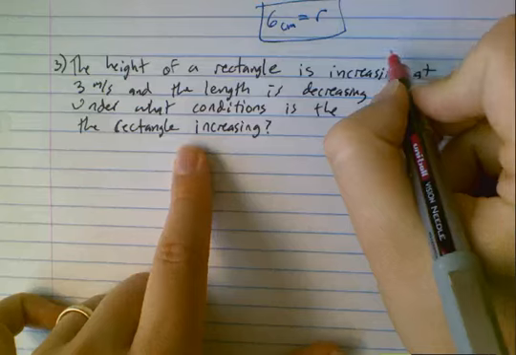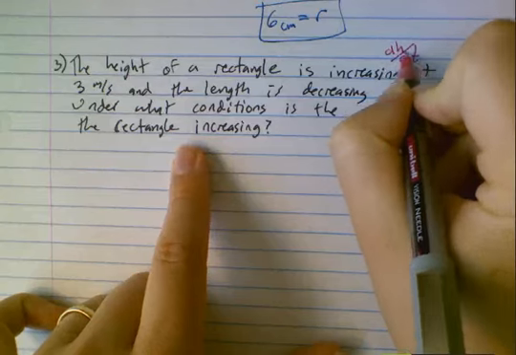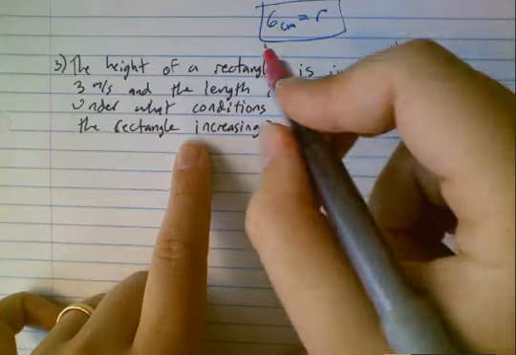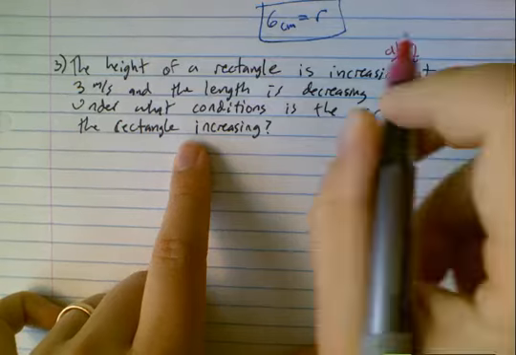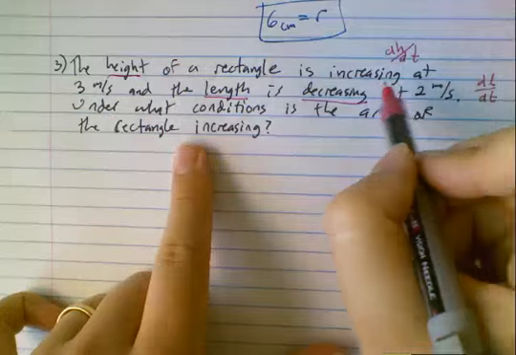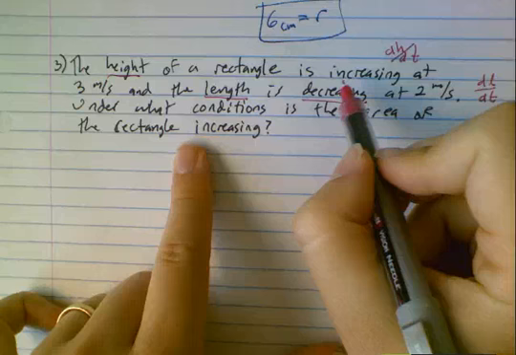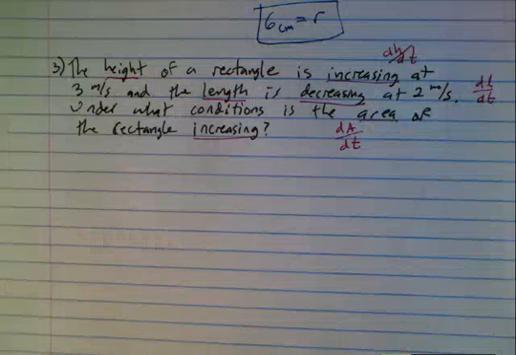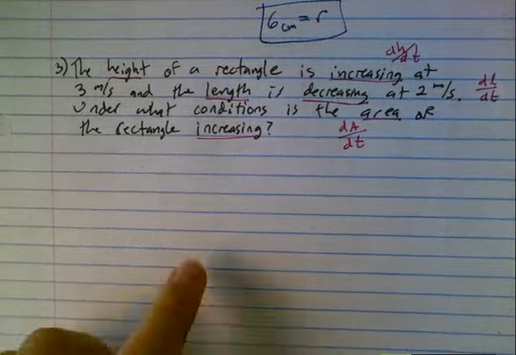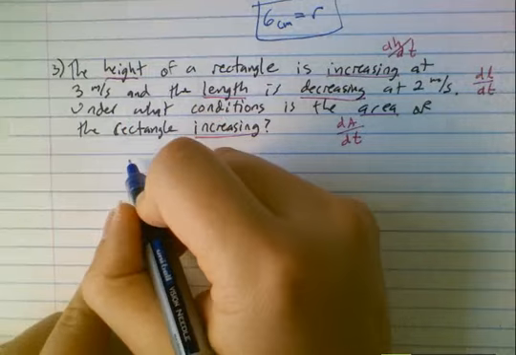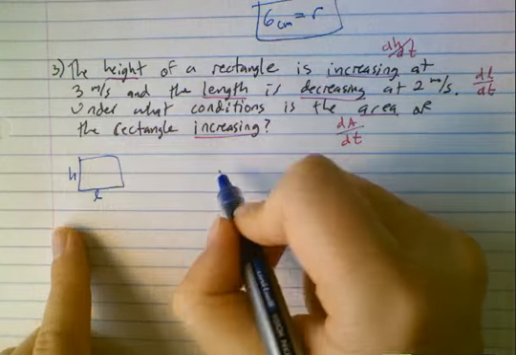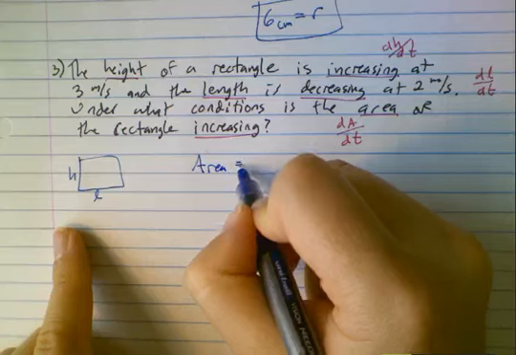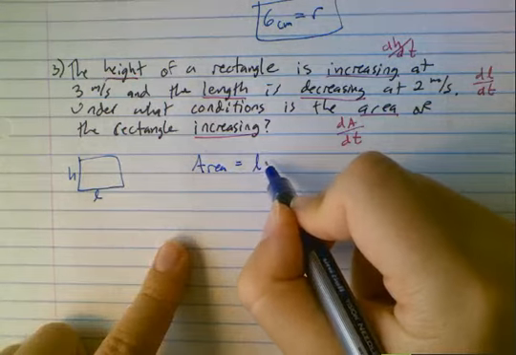Height is increasing, so we're talking about dh/dt. Length is decreasing. That means we're talking about dl/dt. We're talking about area increasing, so we're talking about dA/dt. So we want something relating h, l, and A, and that's easy enough to do. If we've just got a little rectangle, area is length times height.